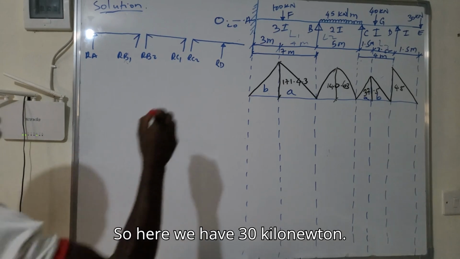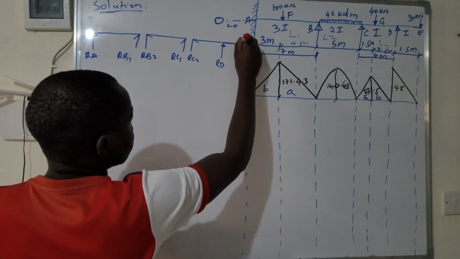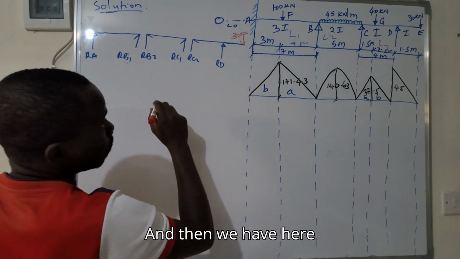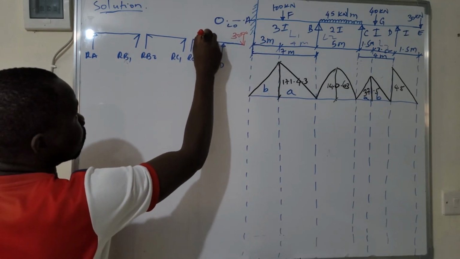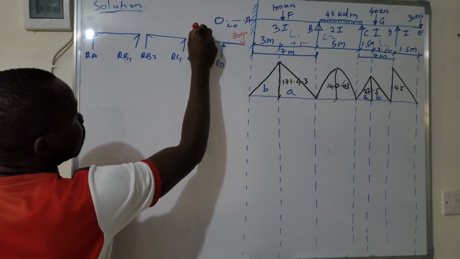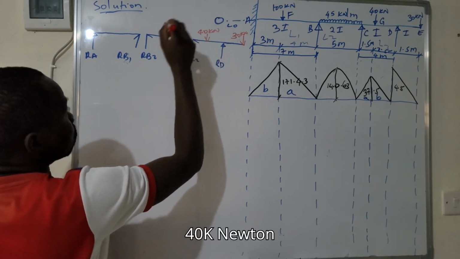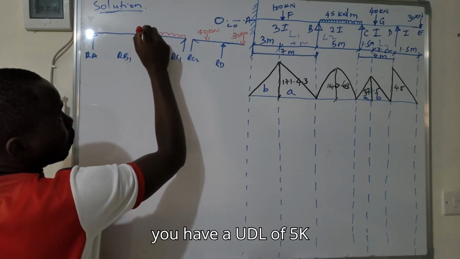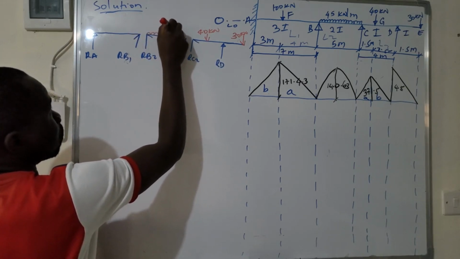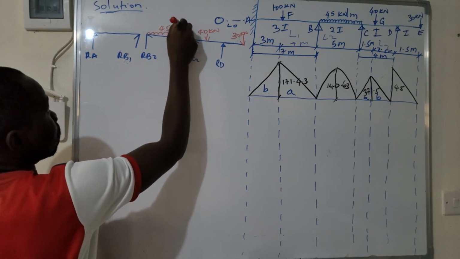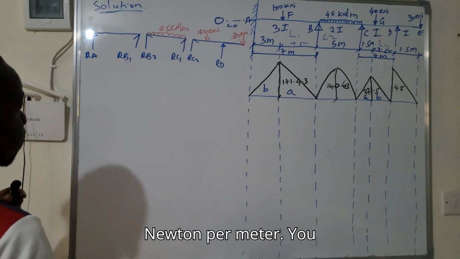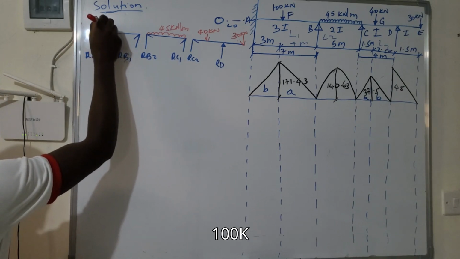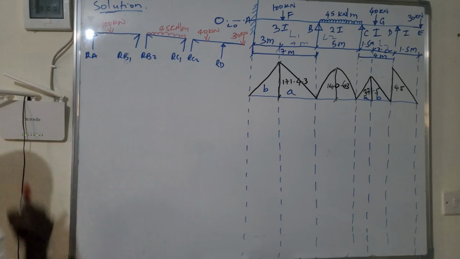Here we have 40 kilonewton. We have a UDL of 45 kilonewton per meter. We have another one here of 100 kilonewton.